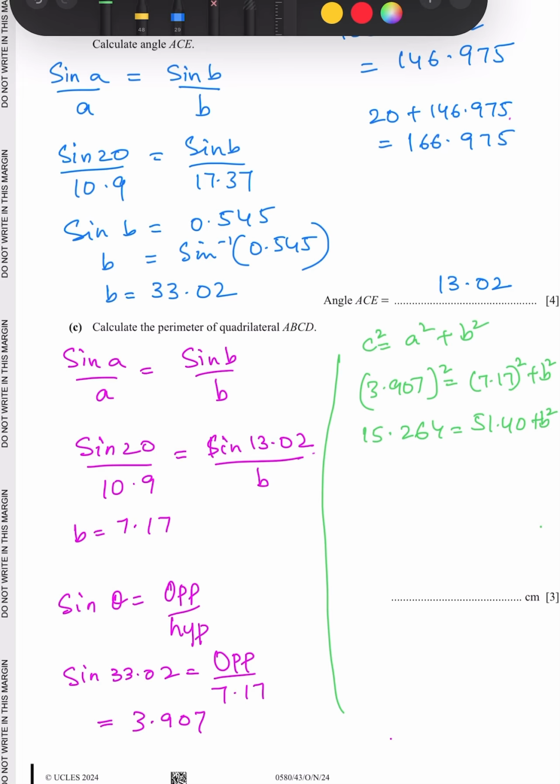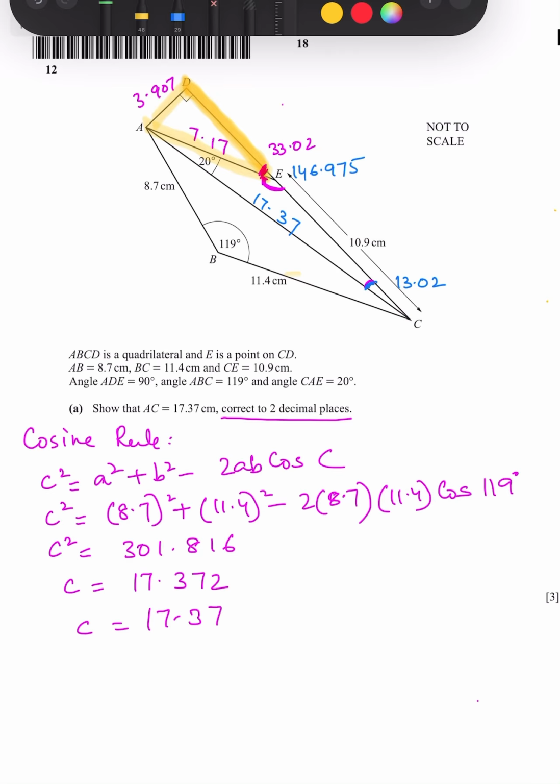Minus 15.264 gives b square equal to 36.1449, and taking the square root, b is equal to 6.01. Right, so this is 6.